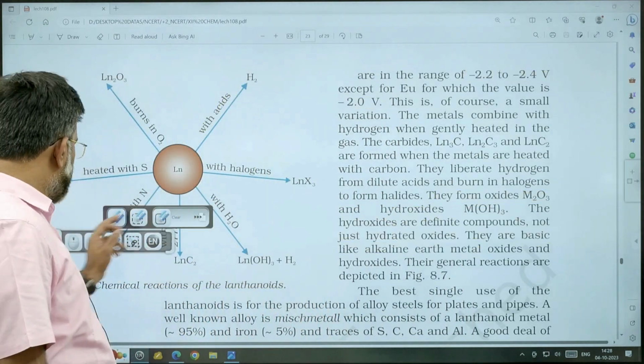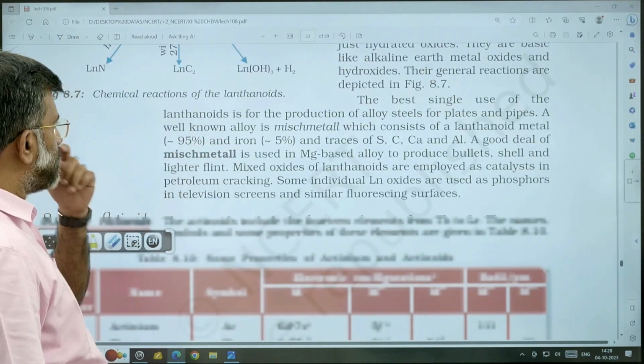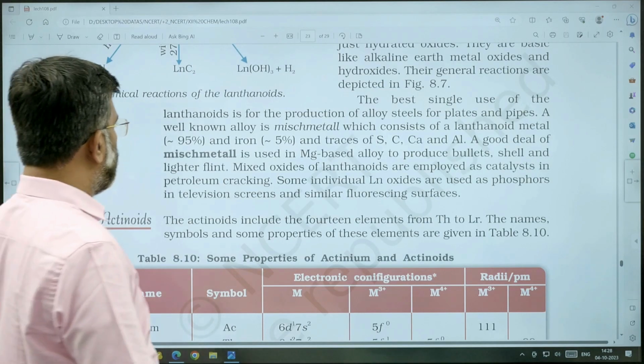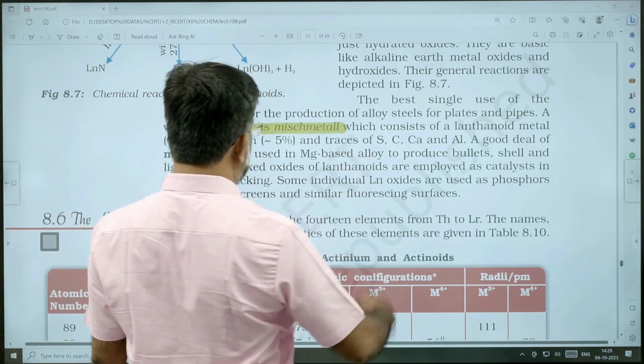A very important topic is the alloys formed by lanthanoids. They form the very popular mischmetal alloy.